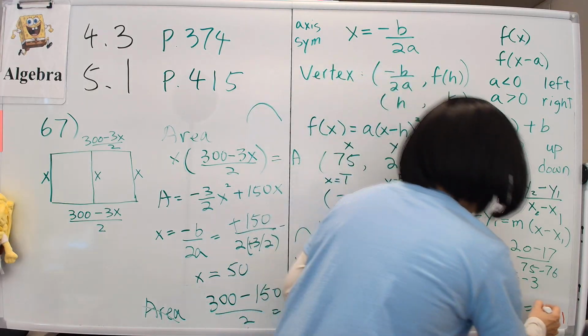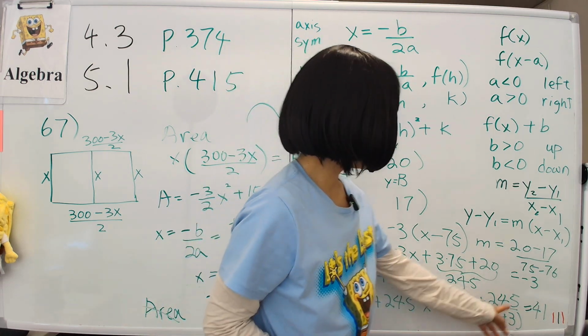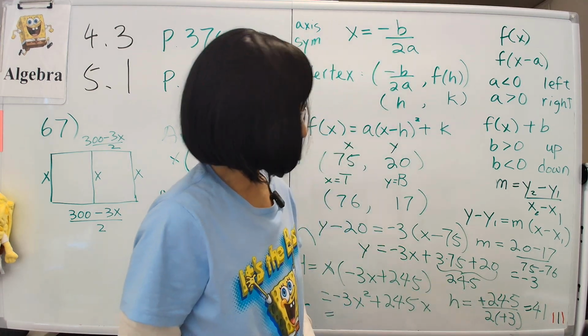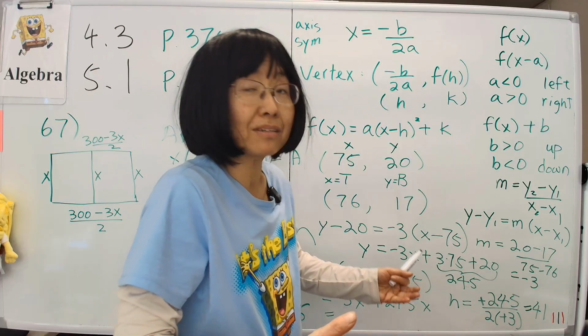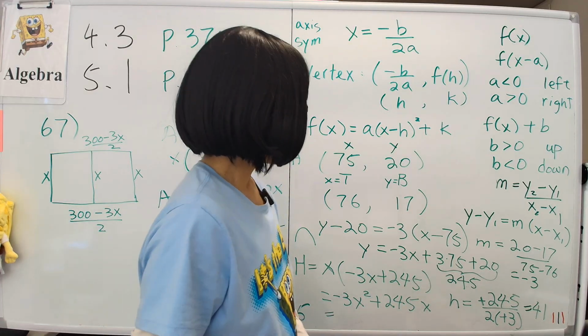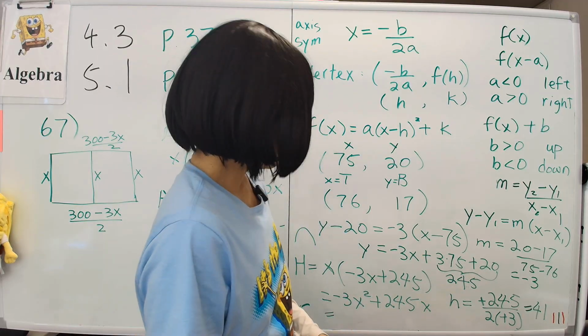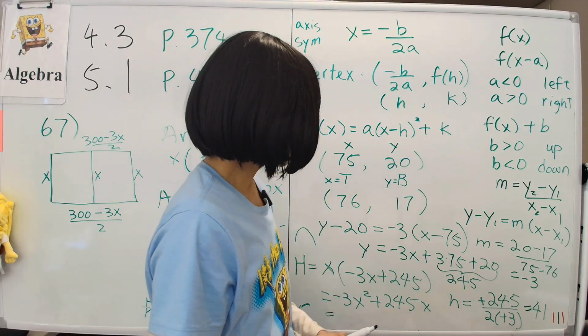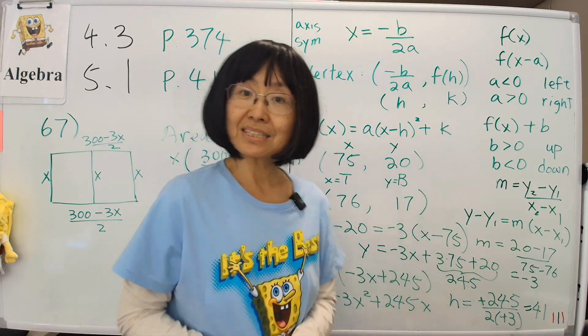That is equal to about 41, right? If it was 246, that'd be better yet. But it's only 245, but it's close enough. It's just trees. So if she plants 41 trees, then the whole thing should come out nicely. She should maximize her profit, which we are not required to figure out. So that marks the end of this section.